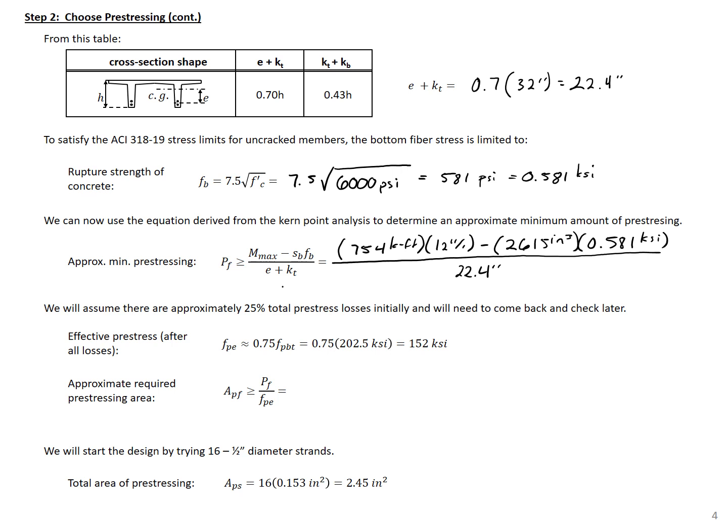So we'll find our prestressing force should be greater than or equal to 336.1 kips.